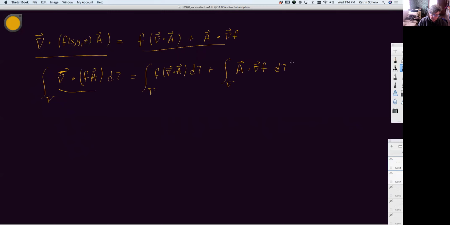All right, fine. But we also know that this side here is, by divergence theorem, equal to the integral over the surface that bounds v of fa dot dA, okay? So this is equal to all of this. This is that boundary term that we were talking about.